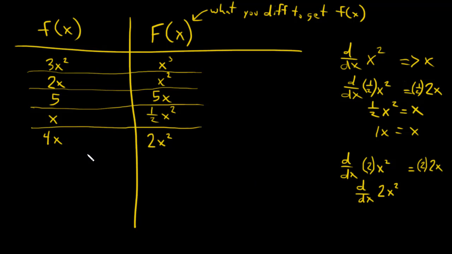So here we go. 5x. Well, a little more scratch work right here. I think I can squeeze it in actually. What do I differentiate? Well, if I differentiate x squared, I get 2x. But if I want 5x, I multiply by 5/2.